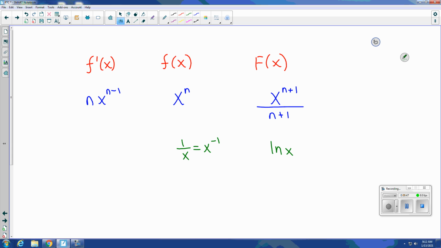So this is the one function we want to be careful with. So here's our derivative and our antiderivative. We cannot apply the power rule to this function to find an antiderivative, so we have to think what function's derivative is 1 over x. That's ln x. I just wanted to bring that up.